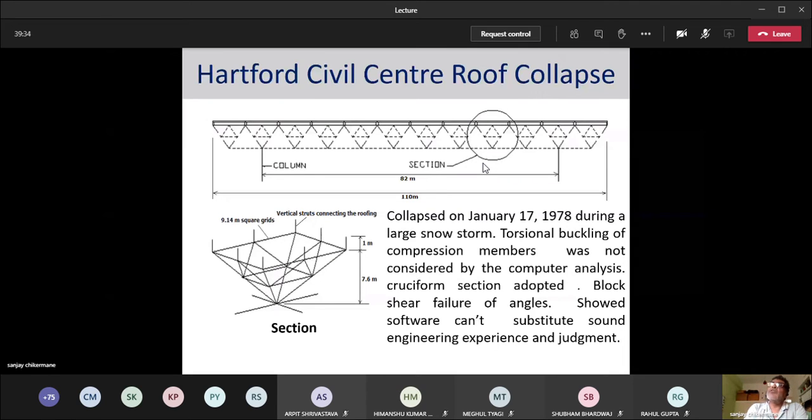Now, this restraint is not something that the software asks you to do if you do a plane frame analysis, because in a plane frame analysis, the software is not going to tell you anything about what is happening outside the frame. So when you do a software-based analysis, understand that the software has a set of limitations and that you need to have solid engineering judgment to ensure that the limitation doesn't actually translate into some form of a failure. Is this making sense, guys?